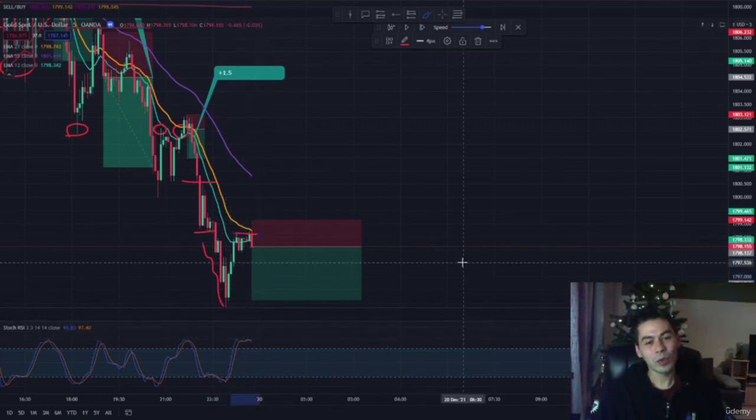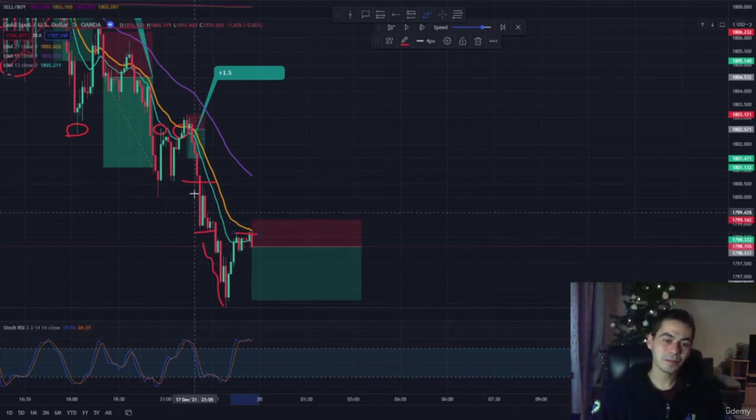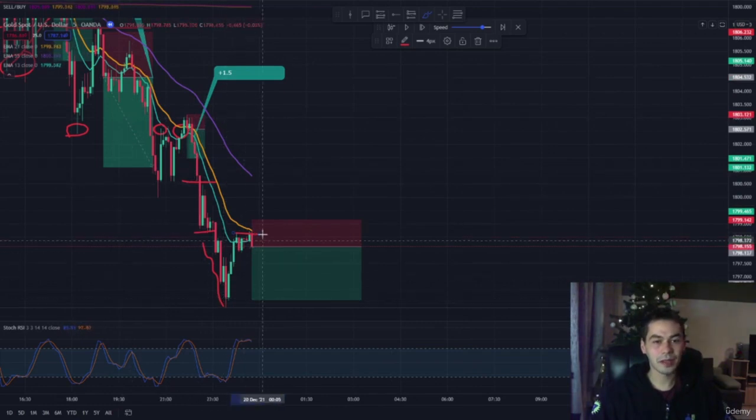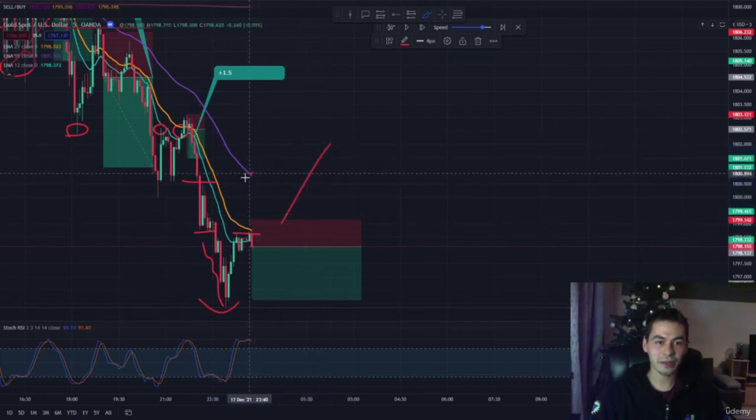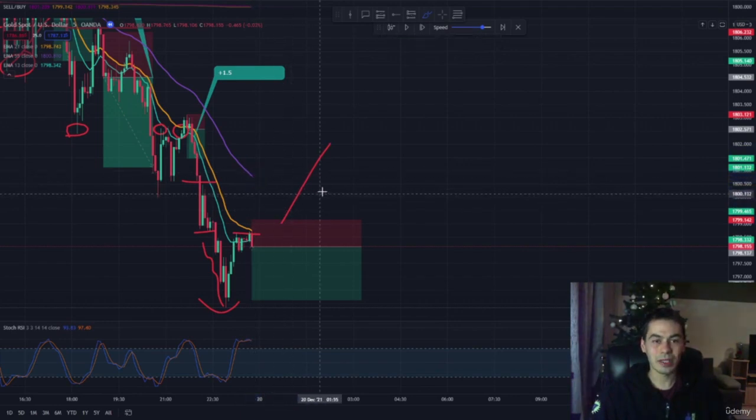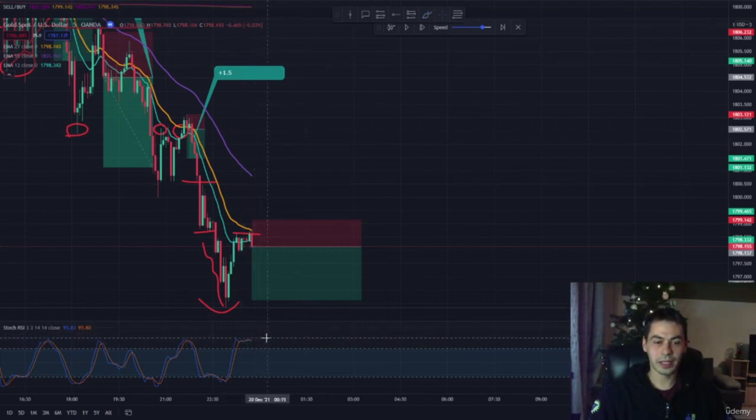I personally wouldn't really take this as a confluence, because given the size of this downtrend, I may fear that we are forming a reverse head and shoulders formation here, and the price might shoot up, at least retesting the 55 EMA.